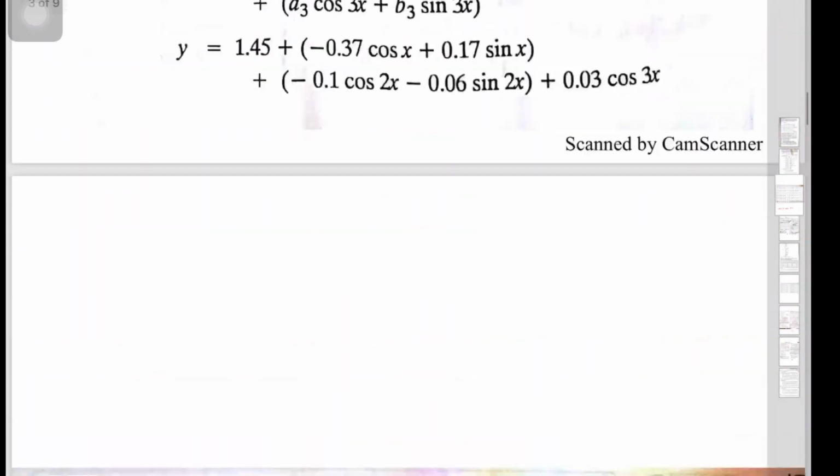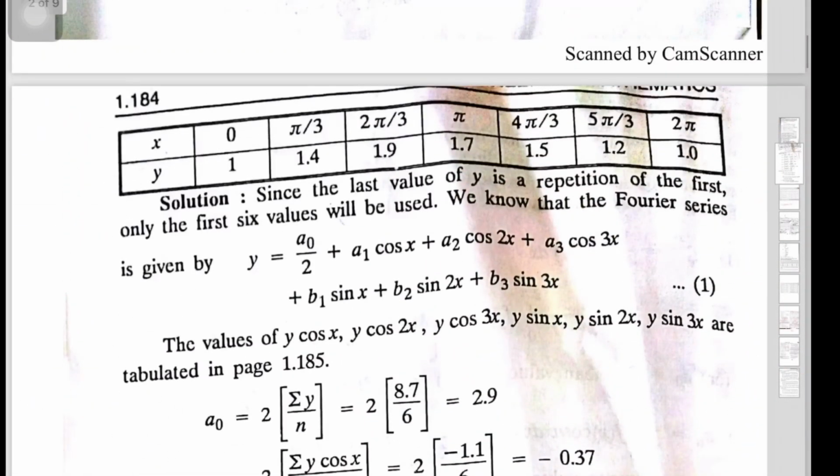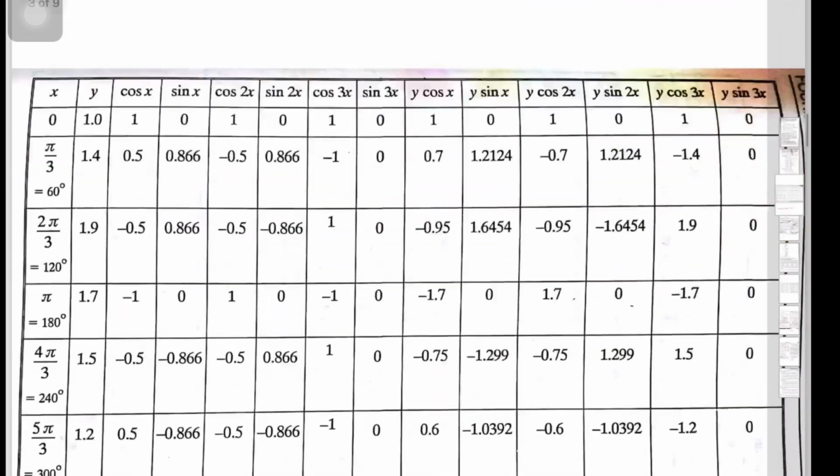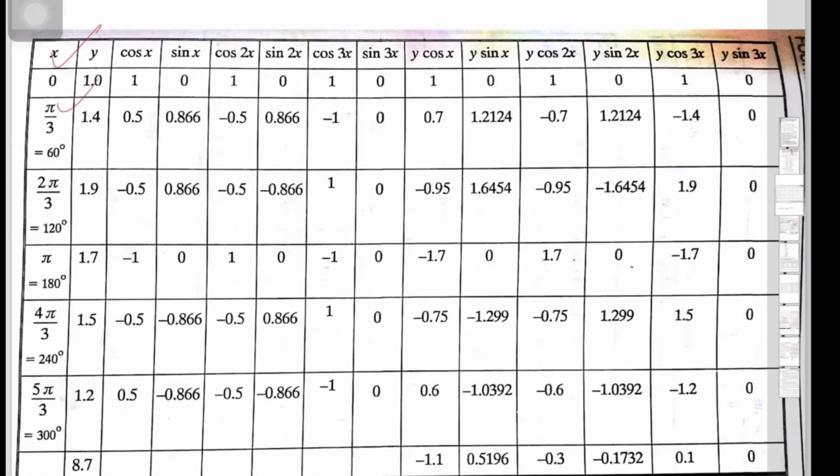Yes, in this question we have 0 to 2 pi. But while doing summation, we won't take 2 pi. You can clearly see down, we are only taking 0, pi by 3, 2 pi by 3, pi, 4 pi by 3, 5 pi by 3. So we are not taking 2 pi. 2 pi is missing because that is not required.